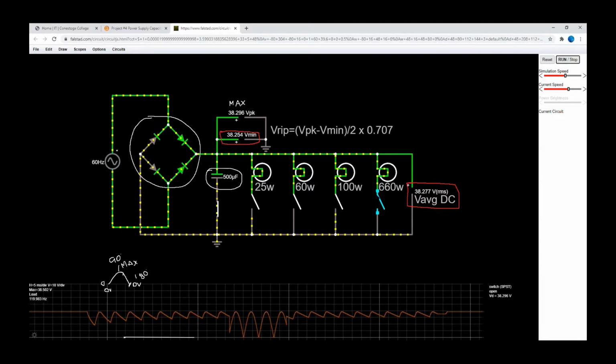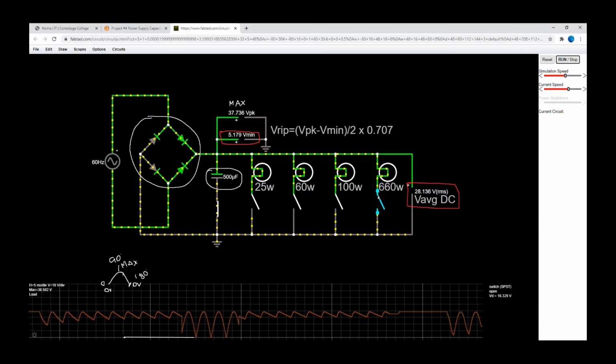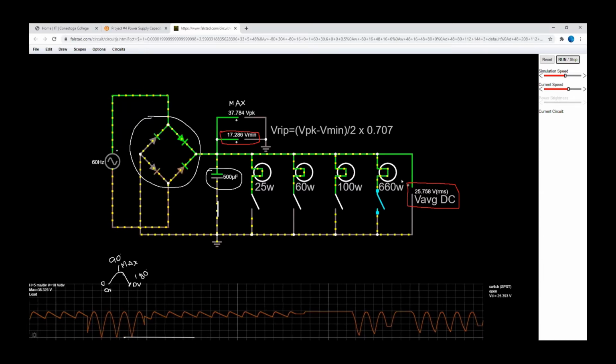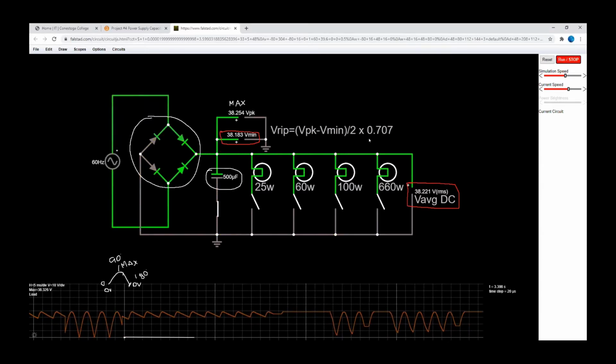If I decide to use an even higher load, then I'm going to be discharging the capacitor at an even faster rate. So you may wonder, is there a solution for that? And the answer would be, sure, there is. If I decide to add even more capacitance, let's say that I decide to use, okay, 1 millifarad.